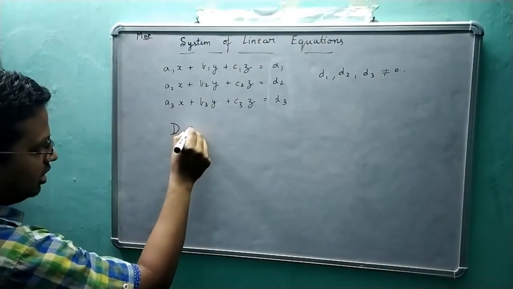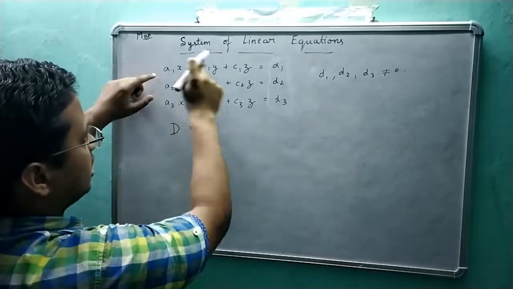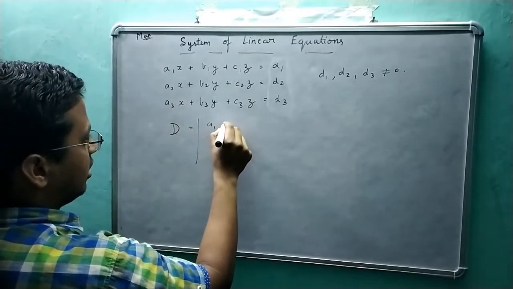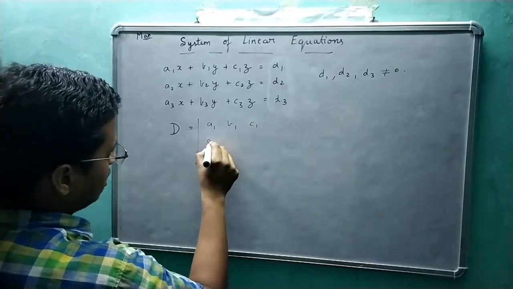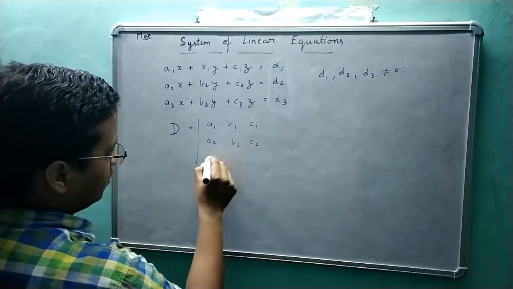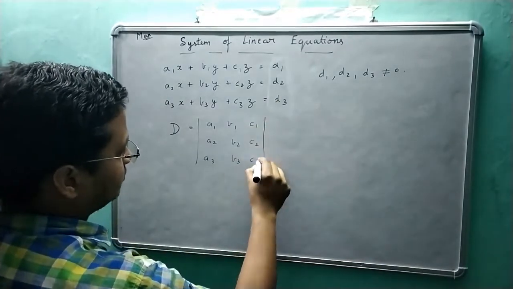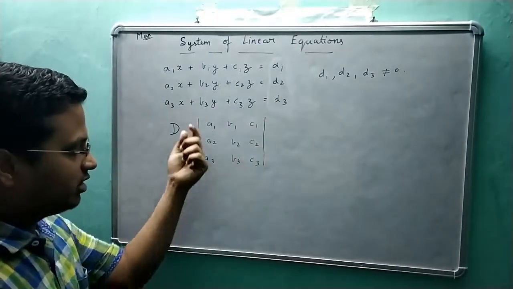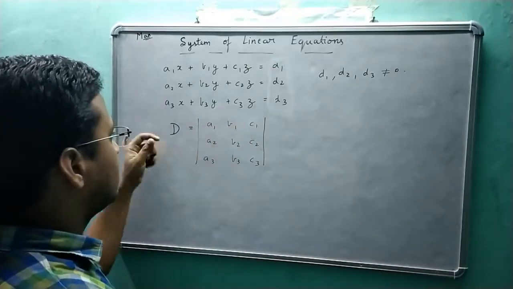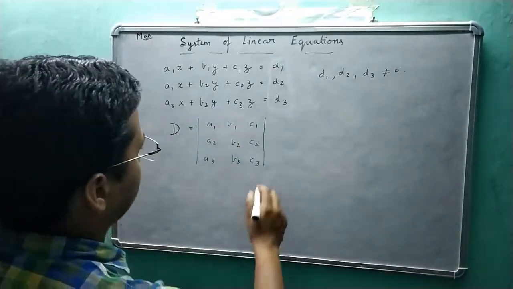He denoted D, capital D, as the determinant of the coefficients a1, b1, c1, a2, b2, c2, a3, b3, c3. If you find the value of this determinant, its value is capital D.